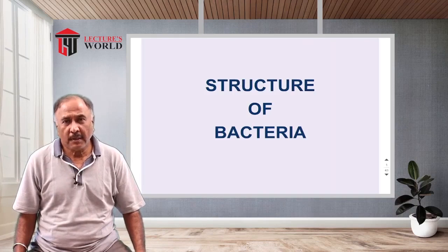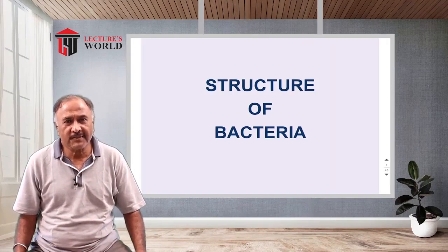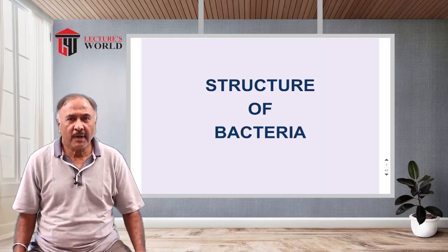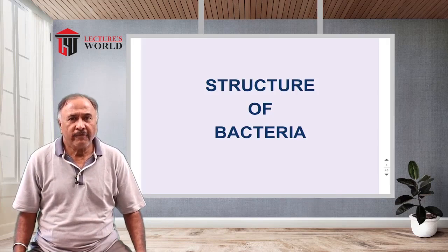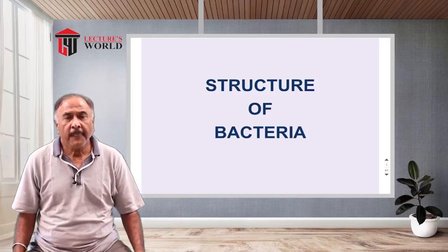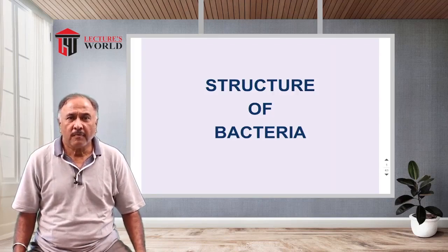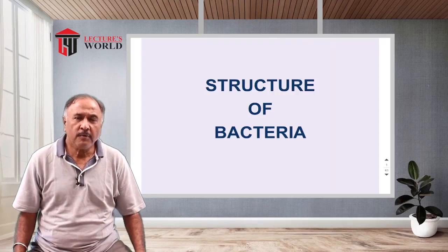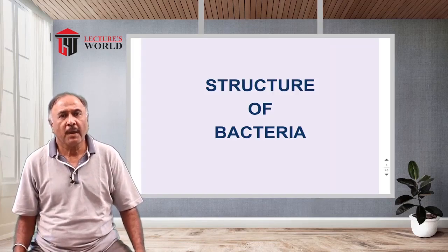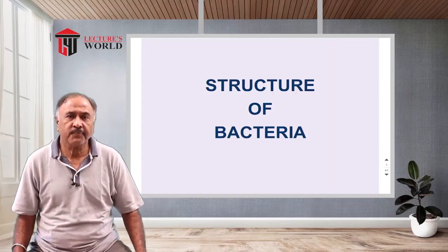A typical representative of bacteria, Escherichia coli, has a size of approximately 0.5 to 0.75 micrometer in diameter, and the length ranges from 1.5 to 1.75 micrometers. So the point is, it is extremely small in size.